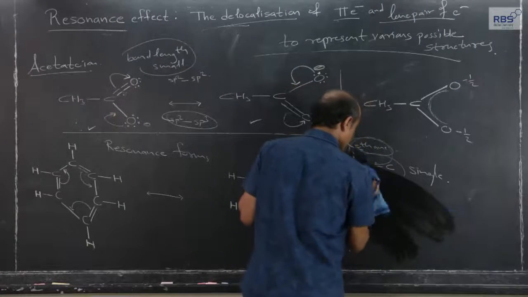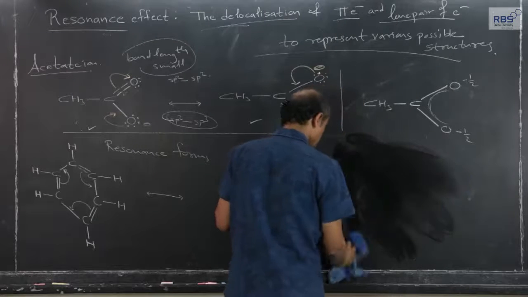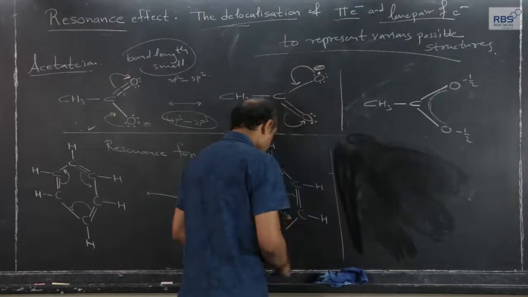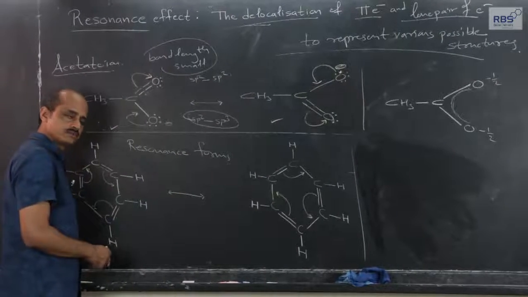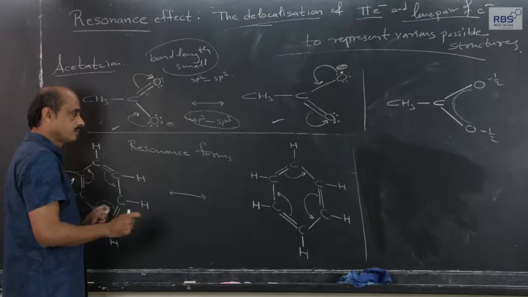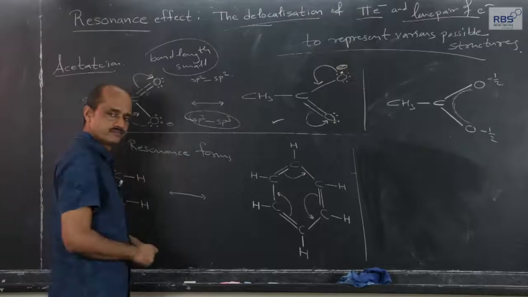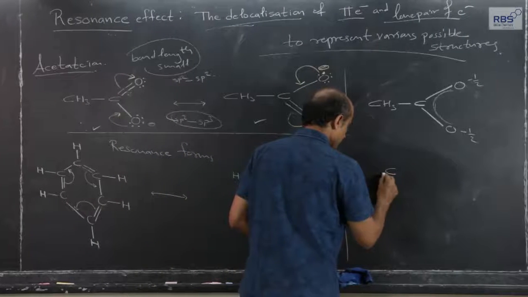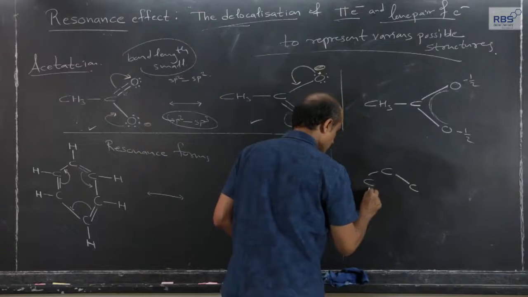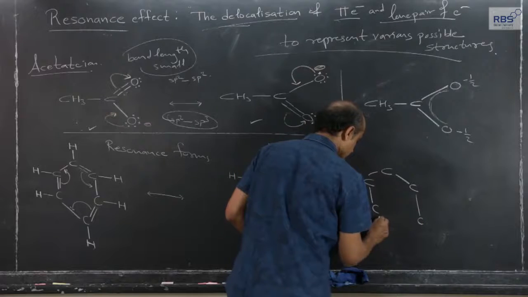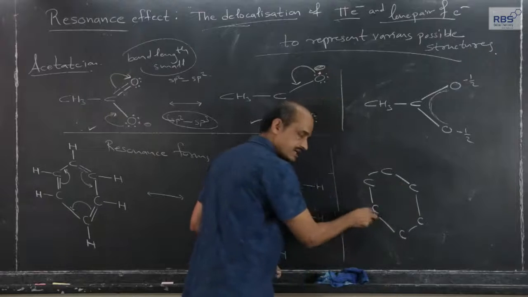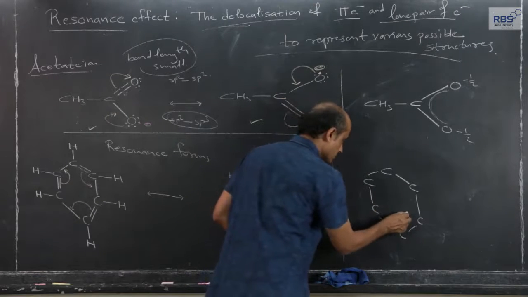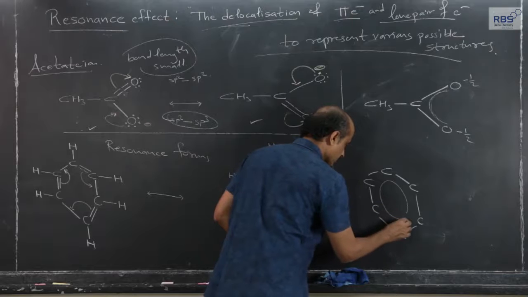Hence the actual structure of benzene is close to these two possible resonating forms, but it does not perfectly match with any of the forms, and therefore the actual structure of benzene is represented not by using alternate double and single bonds, but by using a dotted line. Actually, I am using a circle.